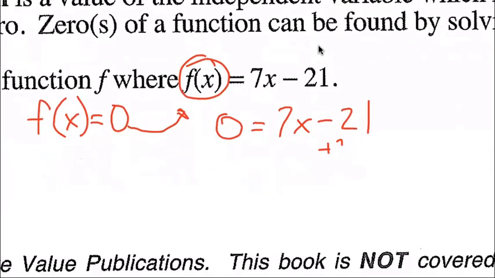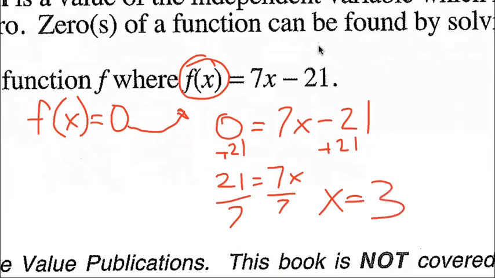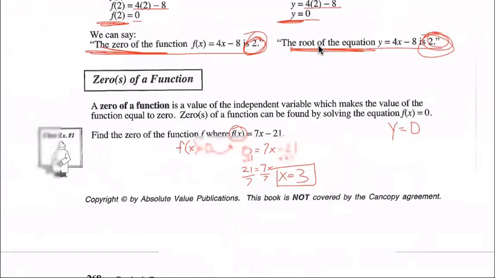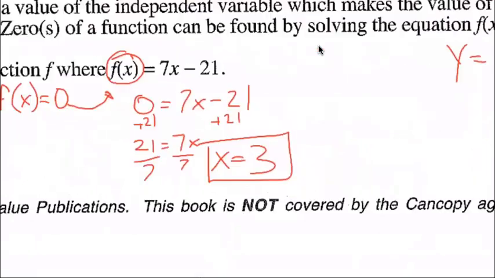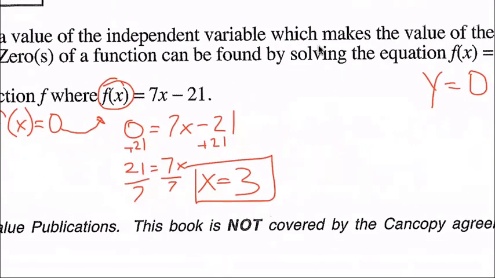I'm going to add 21 to both sides, which gives me 21, not 22. 21 is equal to 7x. Divide by 7 on both sides. x is equal to 3. There is the 0 of that function. There is the root of this equation. It means the same thing.